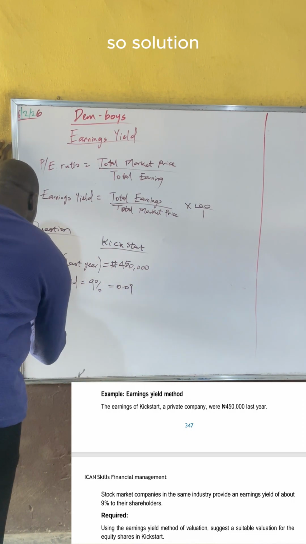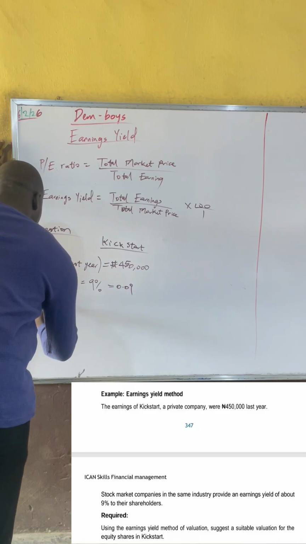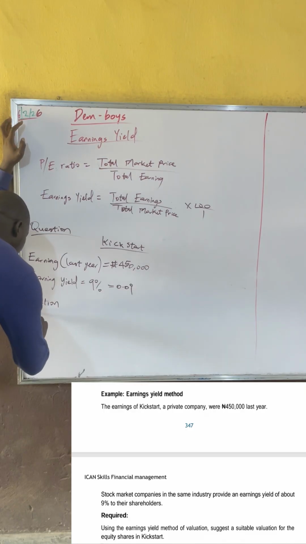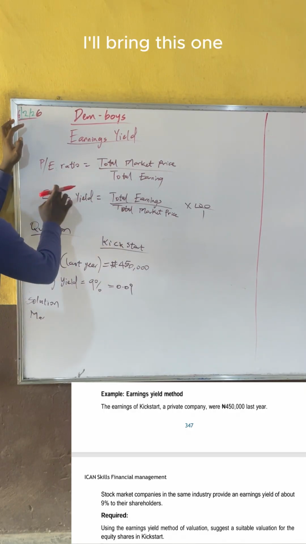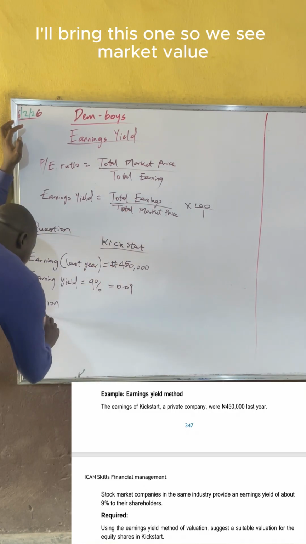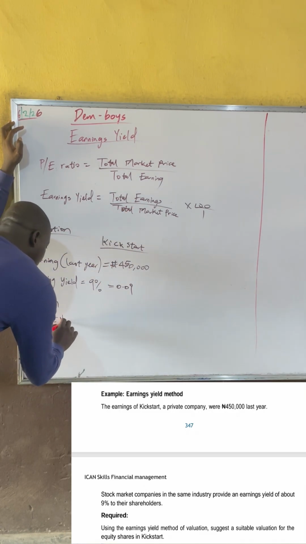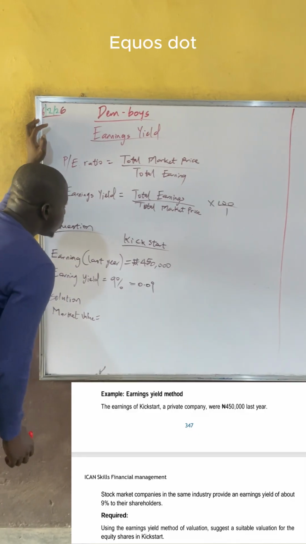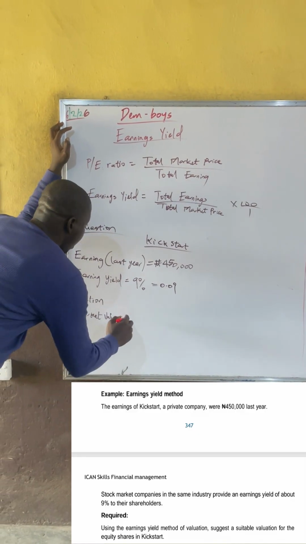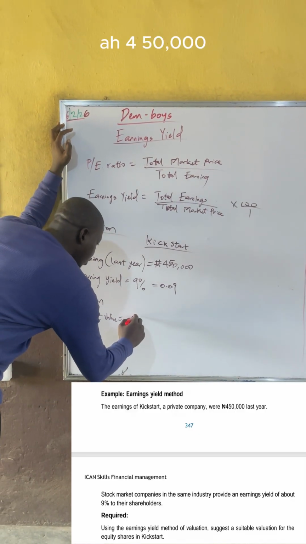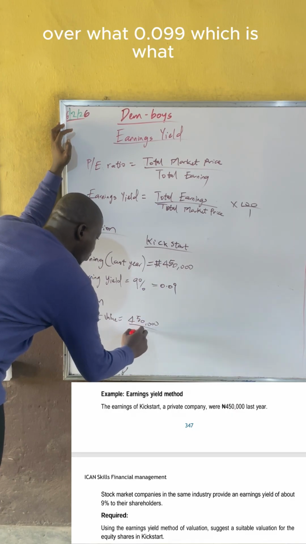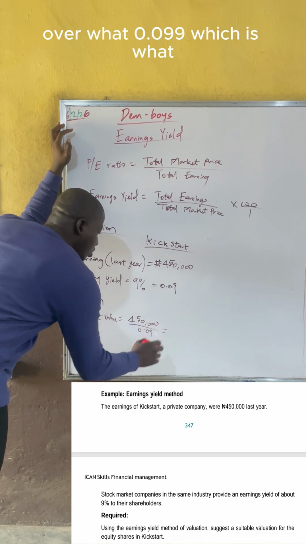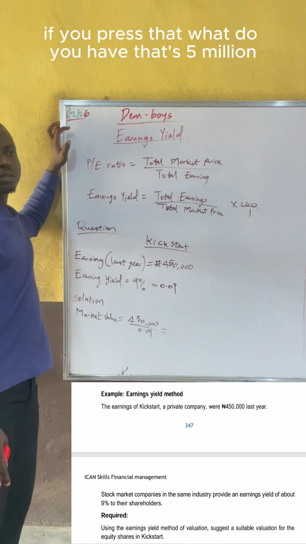So solution. From this formula, you can bring this one here and bring this one here. So we see market value equals 450,000 over 0.09, which is, if you put that, 5 million.